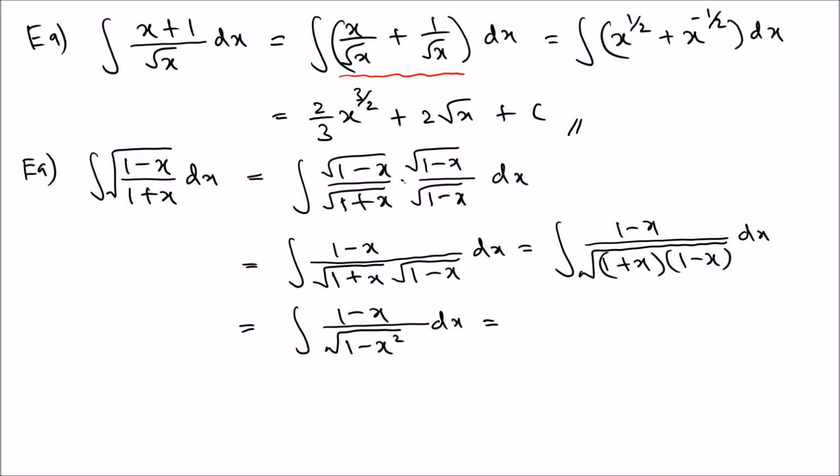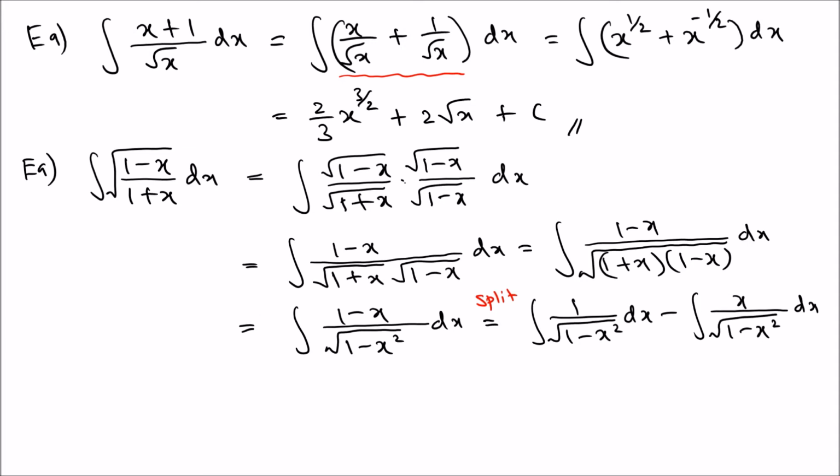After we get to this level, you're going to split. So you get the integral of 1 over the square root of 1 minus x squared dx, and then minus the other one, x over the square root of 1 minus x squared.